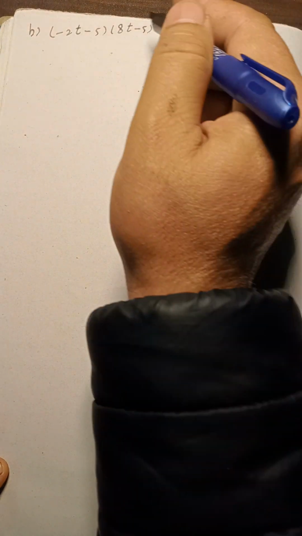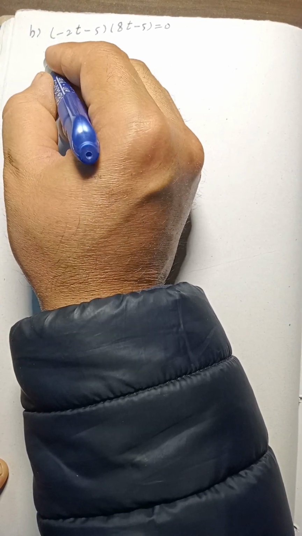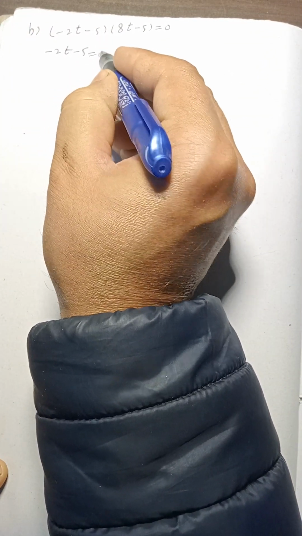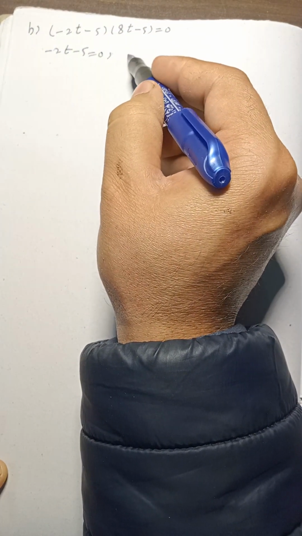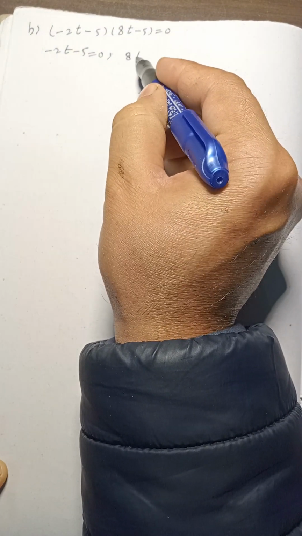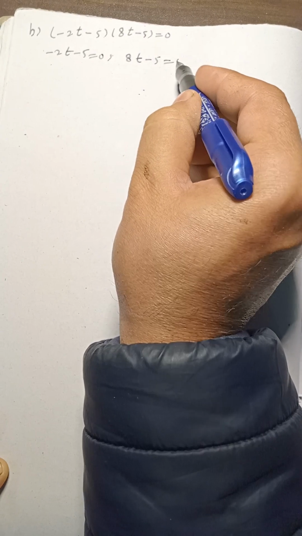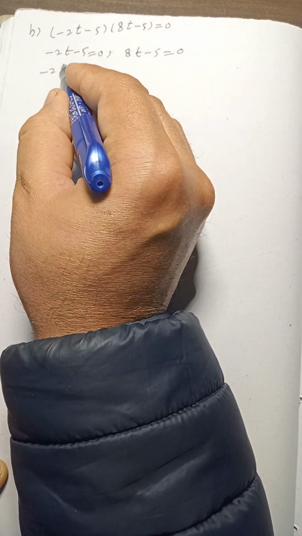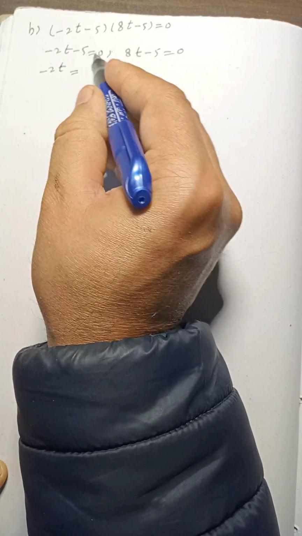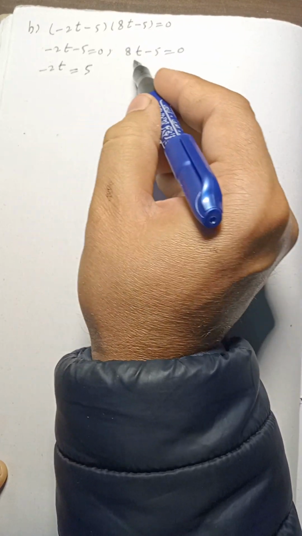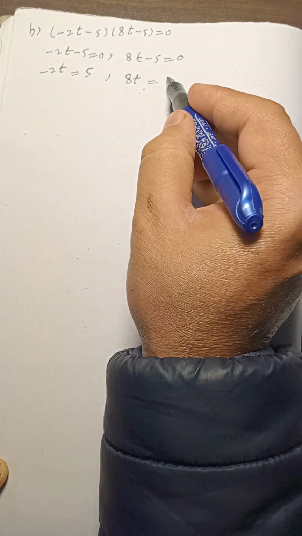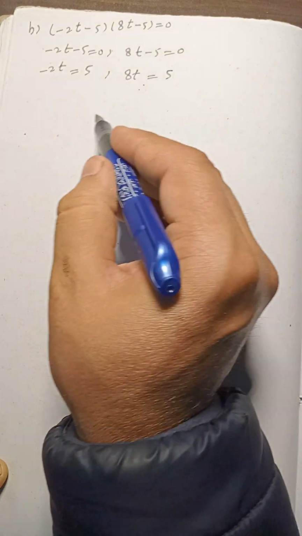See each part now. Here minus 2t minus 5 is one term, it will be equal to 0, and the next term is 8t minus 5, it will also be equal to 0 separately. Now minus 2t will remain here and minus 5 will be carried to the other side, it will become plus 5, and here 8t will remain and minus 5 will become plus 5 on the other side.